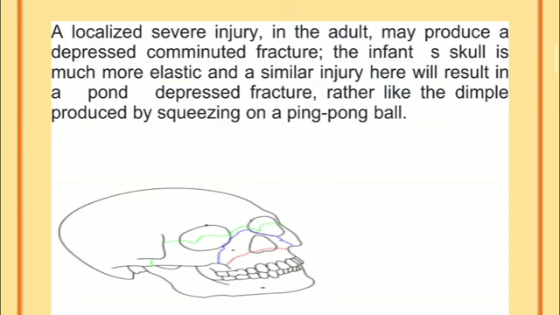The pond depressed fracture is like the dimple produced by squeezing a ping pong ball. Right here is an illustration of some fractures that occur on the skull. You see some fracture lines there, the fracture lines on the maxilla, and some other parts of the facial skeleton.